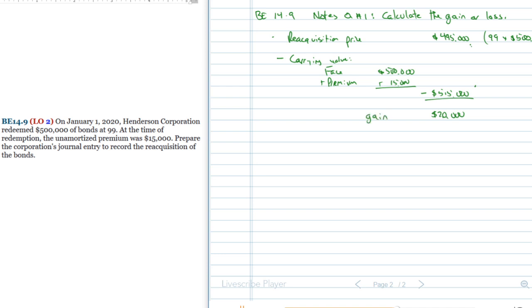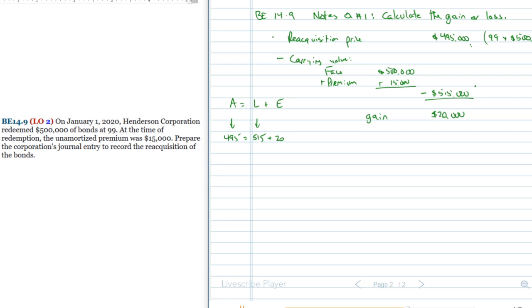Instead of having to pay the $515,000 liability on my books, I only have to pay $495,000. If you get baffled, think about your good friend, assets equal liability plus equity. If my assets are going down by $495,000 and my liabilities are going down by $515,000, what has to happen in order for my equation to be in balance?